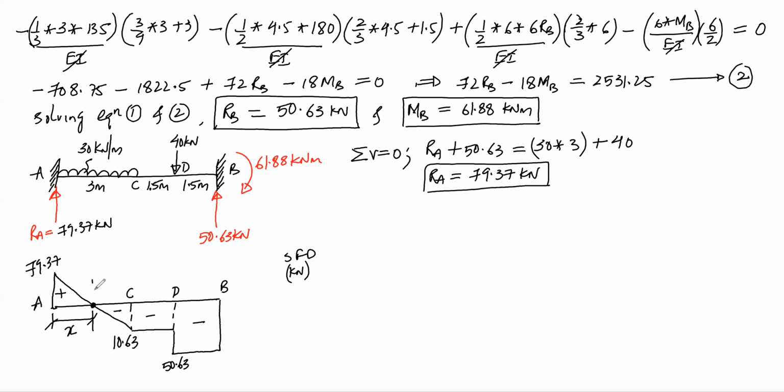So this distance will be 3 minus x. Using these two similar triangles, I can say 79.37 divided by x is equal to 10.63 divided by 3 minus x.